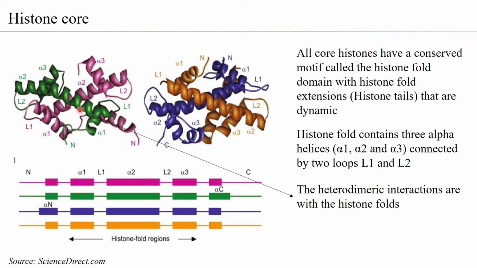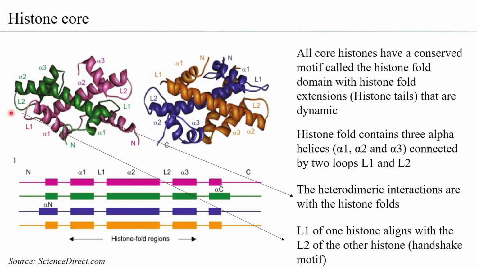Okay, and there can be several different types of interactions, right from van der Waals to hydrogen bonding to ionic interactions. Another important thing that happens when a dimer is formed is that the L1 of one of the histones comes together with the L2 of the other histone.